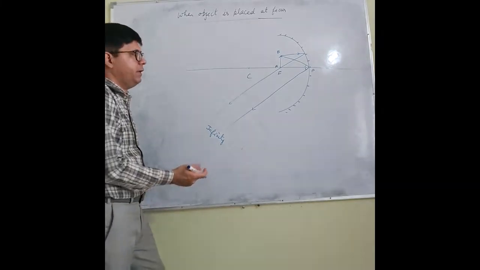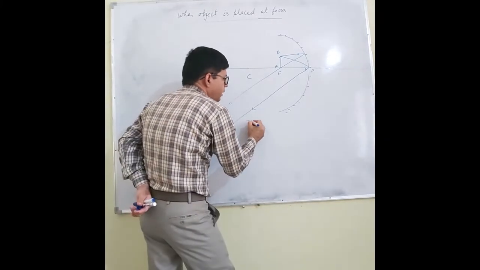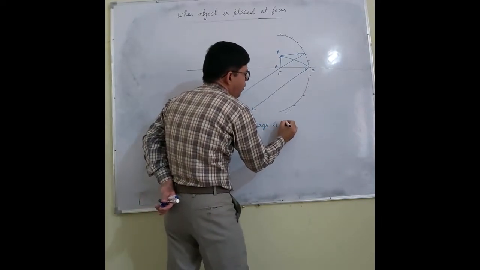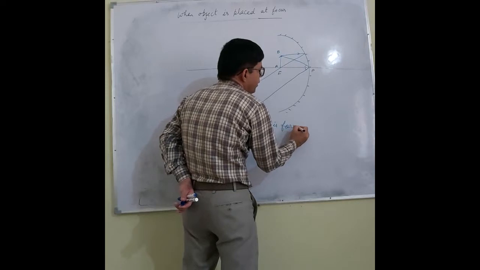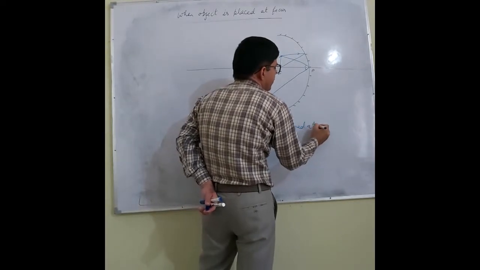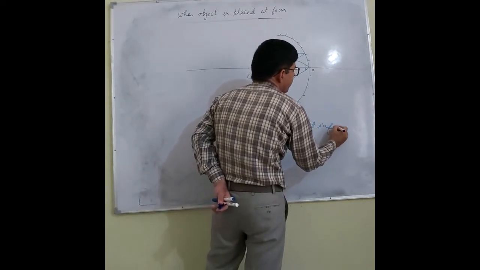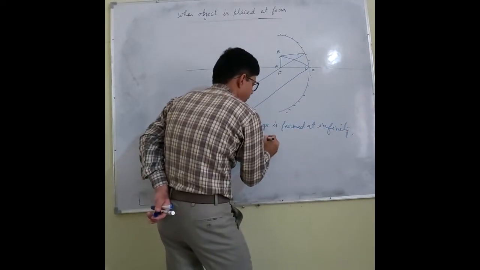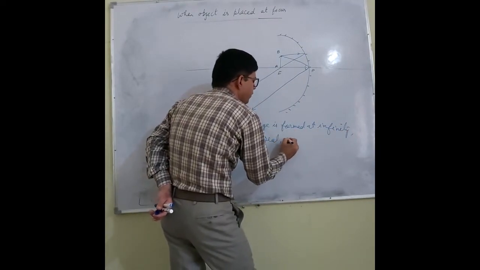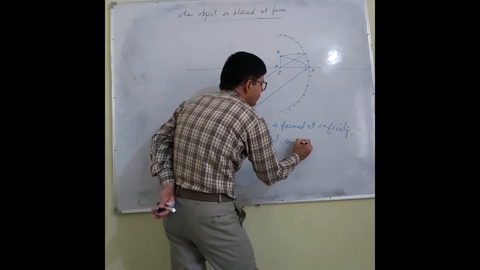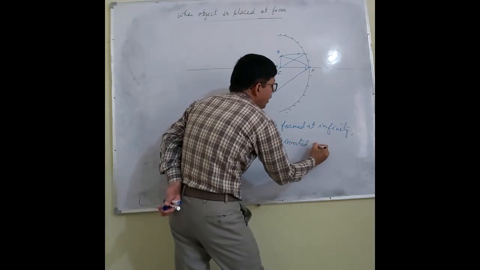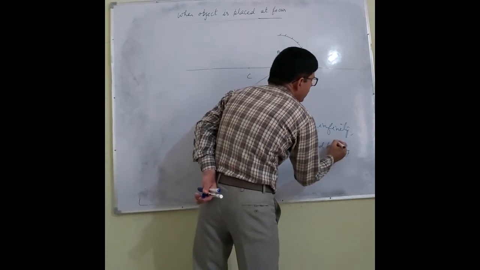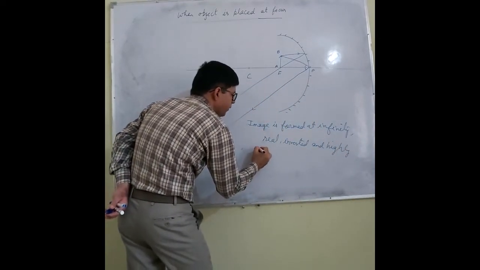Real, inverted. So the image is formed at infinity, real, inverted and highly magnified, very large, highly magnified.